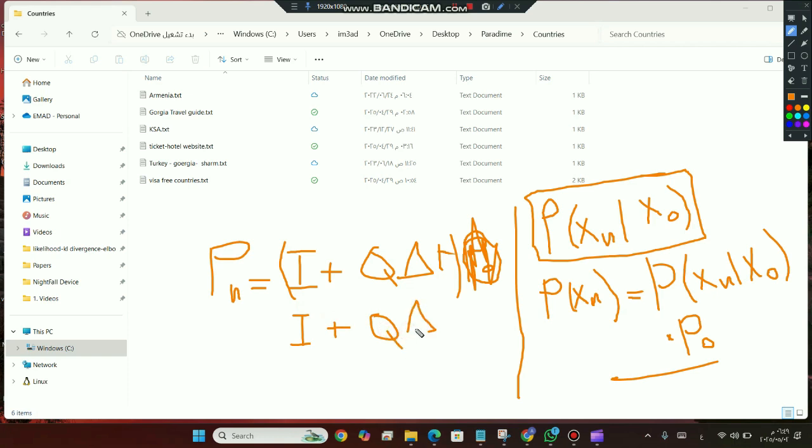And on the element level, this becomes the delta plus Q times delta t. So this is the final formula that you have asked about.